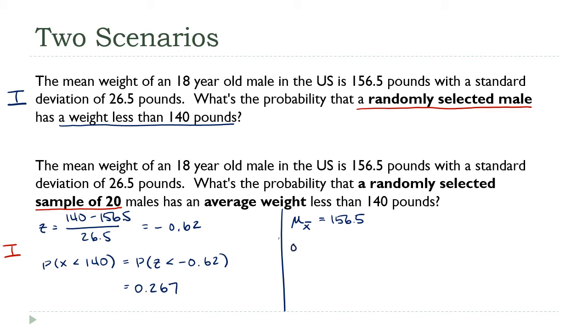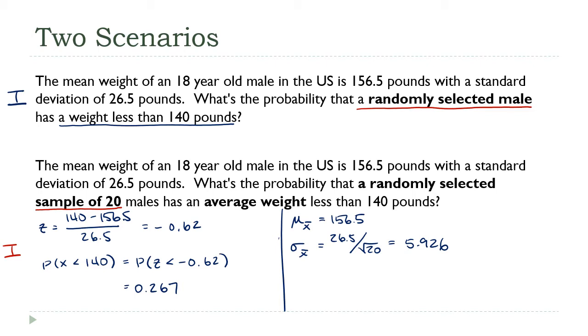The standard deviation of the sample means, this is going to change. This is 26.5, that's the original standard deviation, divided by the square root of the sample size. And according to my calculator, this is 5.926. Quite a bit smaller, and that's what we expect to happen with these questions.